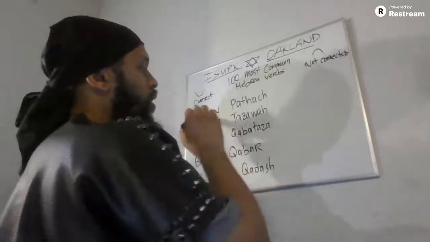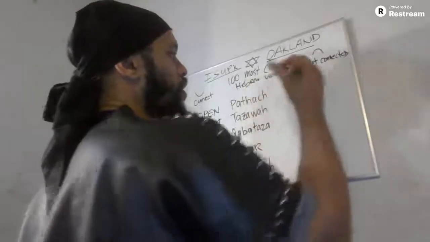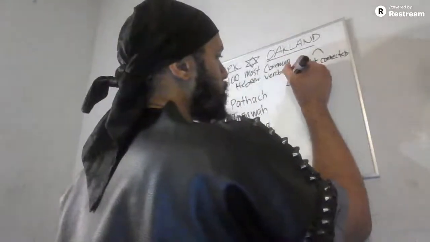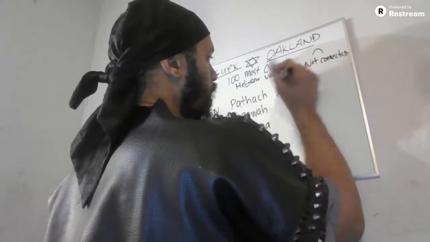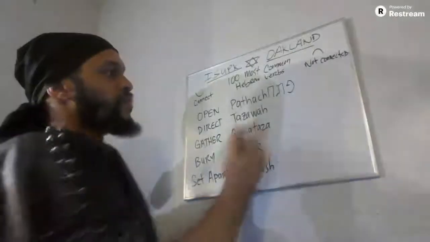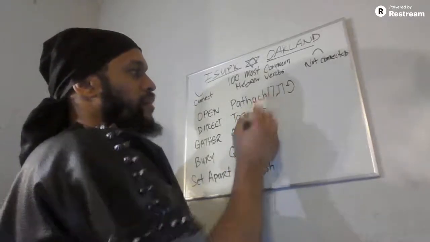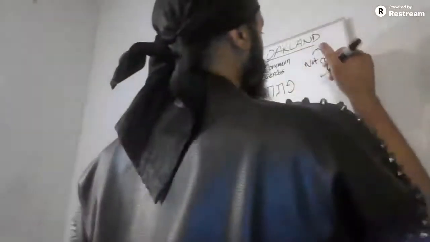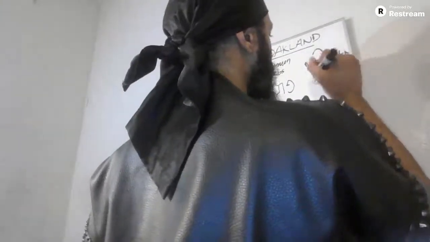So open, Pathak, how it looks in the Assyrian would be Pa, Tha, and a Ka. Pathak. In the ancient, it's Pathak.